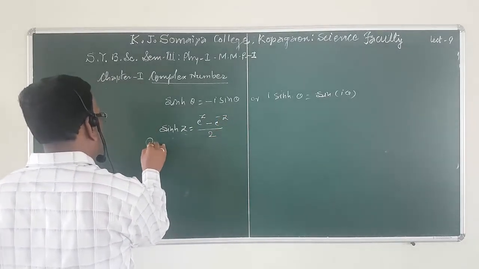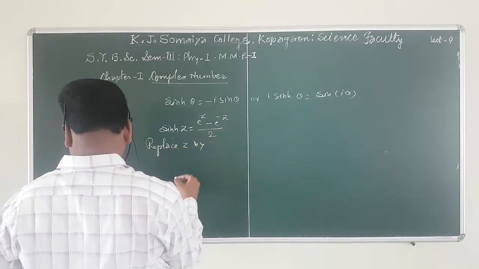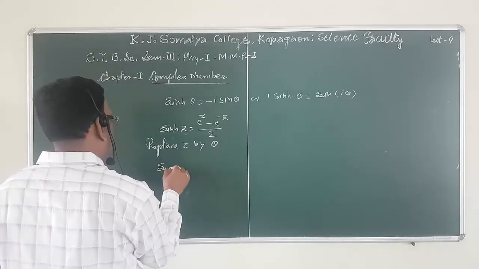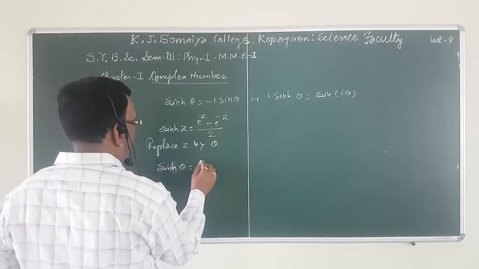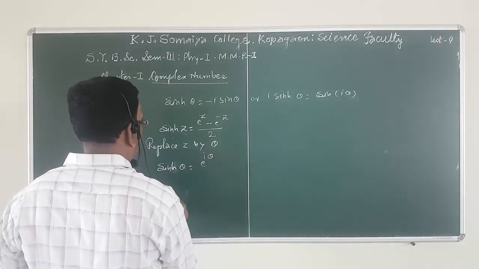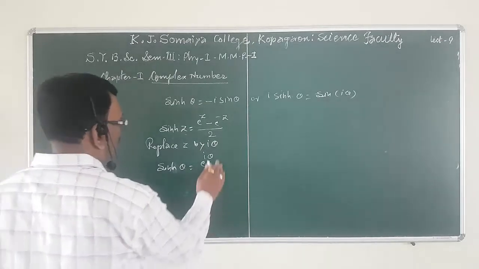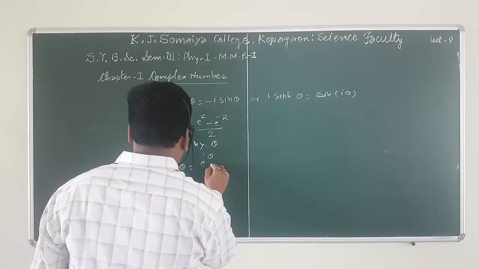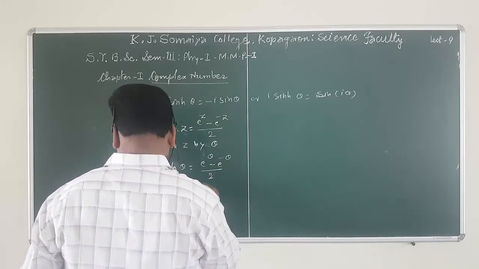Again here replace z by theta. We have sinh theta is equal to e raised to theta minus e raised to minus theta upon 2.